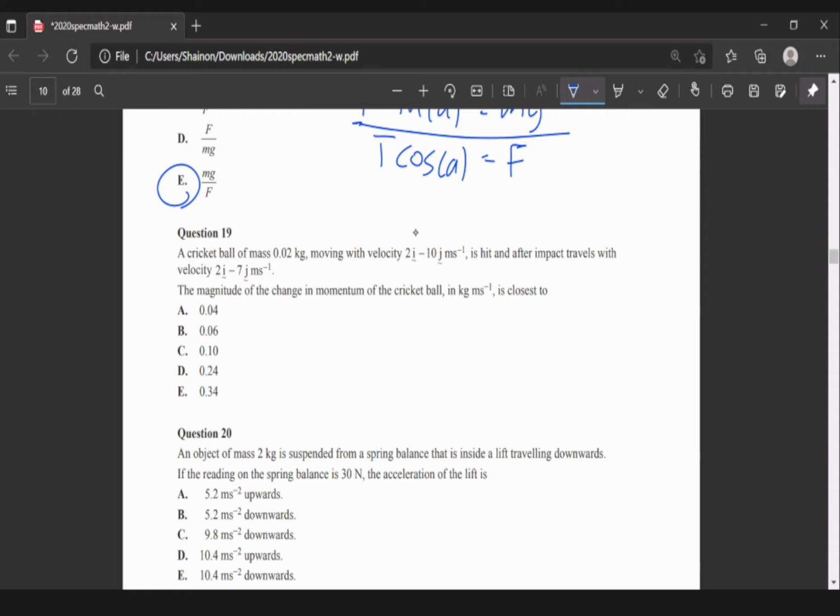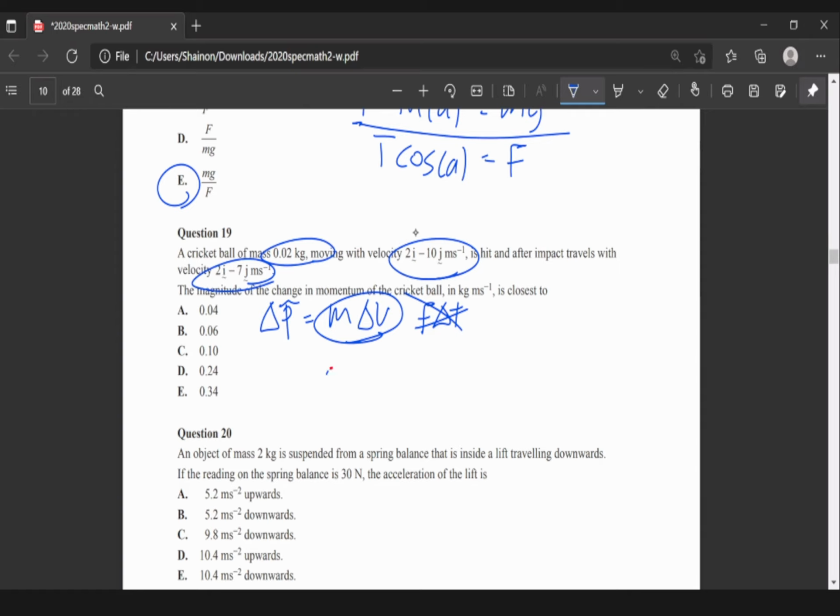Find the magnitude of change in momentum. So change in momentum is m change in v, or F change in t, but since we have these values, we don't consider this one.